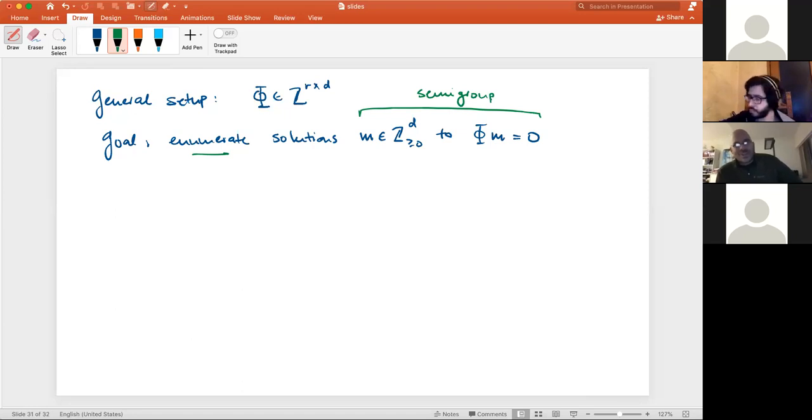If you have a matrix phi and you want to find all things in the kernel, even over Z, that's not a problem. But the magic here is that I'm only allowing non-negative entries, and this makes this problem hard. And so now I don't have a group structure anymore, but I have a semigroup structure.